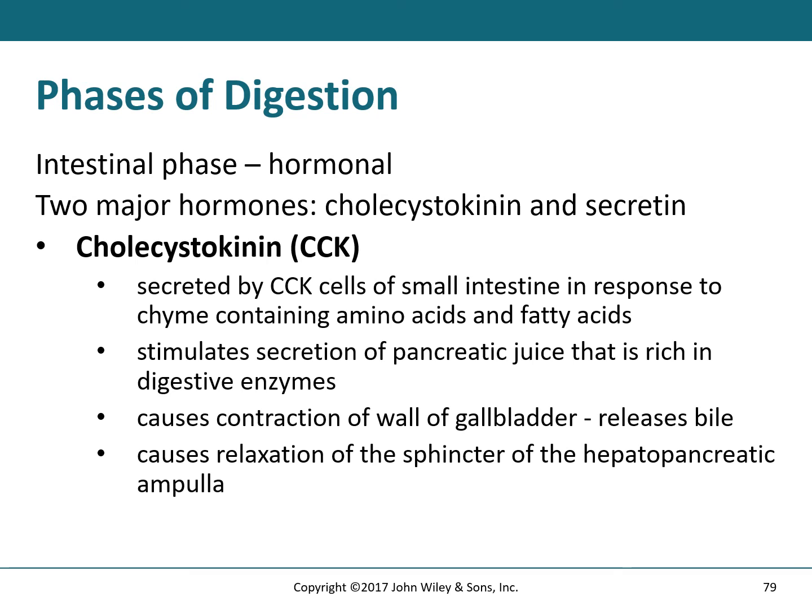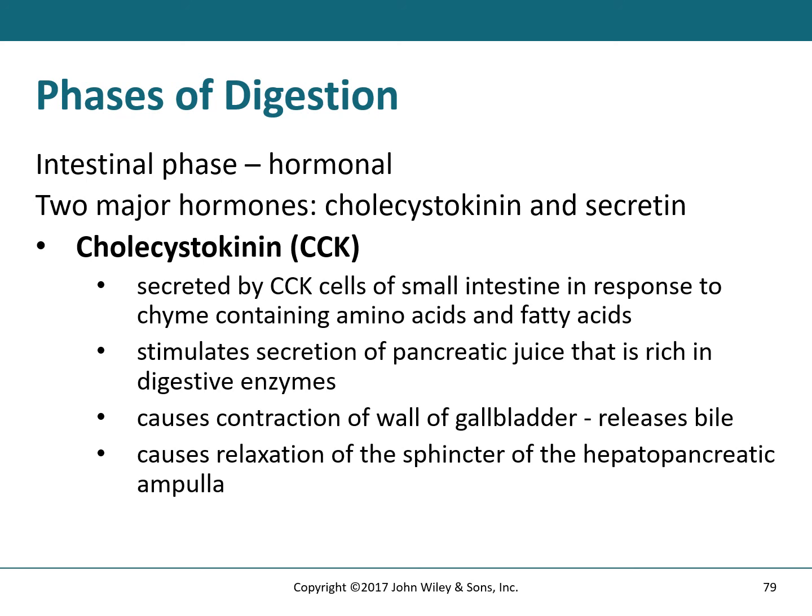So cholecystokinin is secreted by these cells called CCK cells that are in the small intestine. And they sense the amino acids and fatty acids that are in the chyme, and they stimulate secretion of pancreatic juice, which, as we learned earlier, is rich in digestive enzymes.